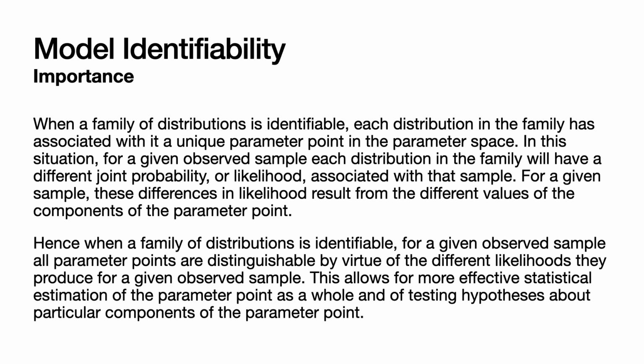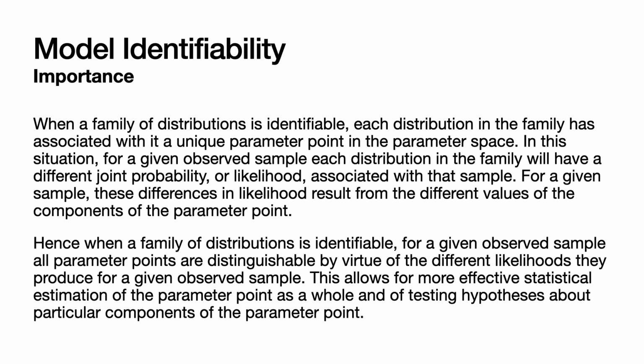When a family of distributions is identifiable, each distribution in the family has associated with it a unique parameter point in the parameter space. In this situation, for a given observed sample, each distribution in the family will have a different joint probability or likelihood associated with that sample. For a given sample, these differences in likelihood result from the different values of the components of the parameter point.